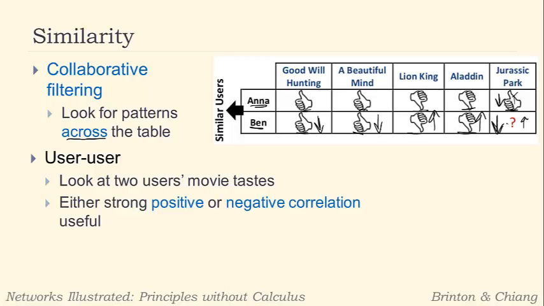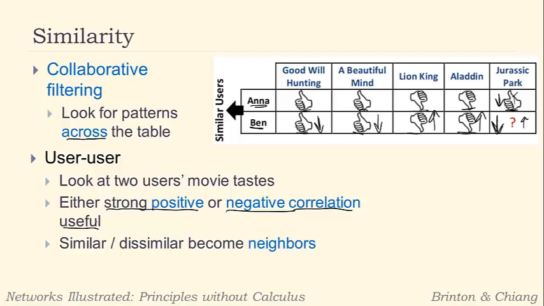So again, it's either a strong positive correlation, which we just illustrated, or a strong negative correlation. Either one is useful. What we don't want is no correlation, where there's no consistent pattern of whether they agree or disagree.